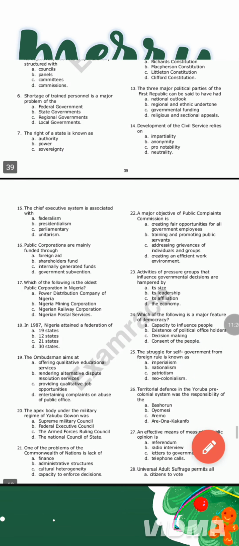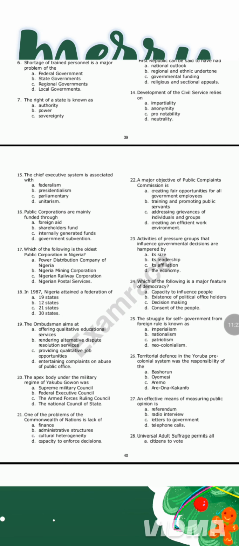Question 19. The ombudsman aims at, please, when you say ombudsman, I don't mean a boxer or a boss man. It's okay. Ombudsman, the man on the bus. No. The ombudsman can simply be called Public Complaint Commission. Now, the ombudsman is open to Nigerians who have been wronged by any government official, whether police, a public servant, a teacher, a soldier.